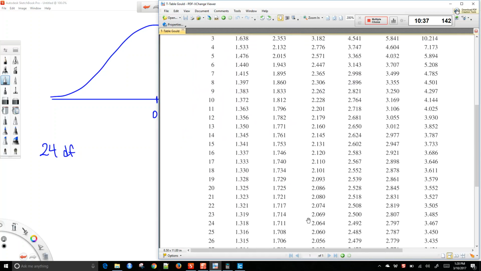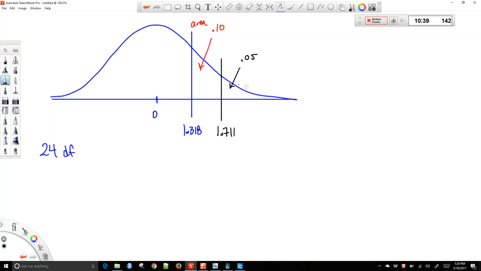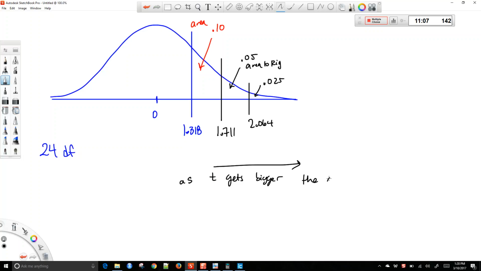Okay, and if I go further away to 2.064, I should say total area to the right, it's not like the areas in between. And it gets smaller to 0.025. And so that's why as t gets bigger, the area in the tail gets smaller.